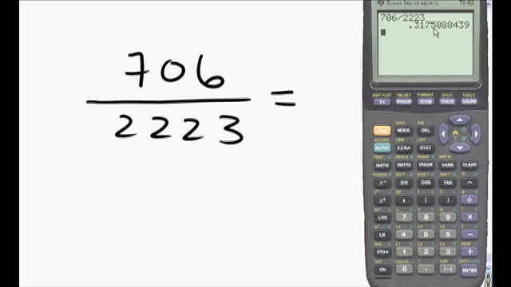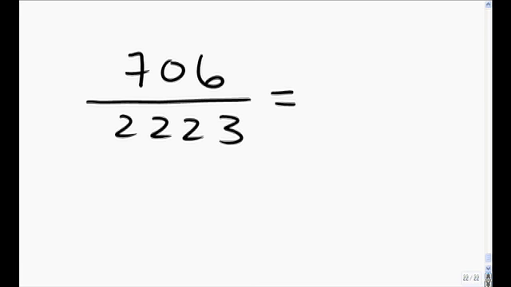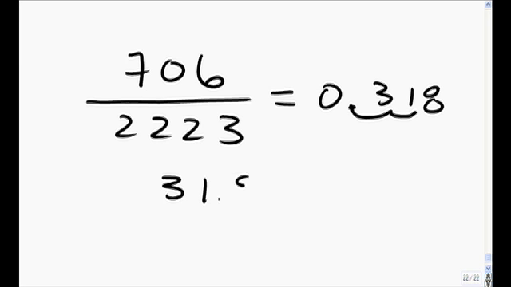Looking at the digit to the right, being a 5, means to add 1 to the 7 to make our final answer 0.318. Multiplying this number by 100 simply moves our decimal 2 spaces to the right, meaning 31.8% of the passengers aboard the Titanic survived.